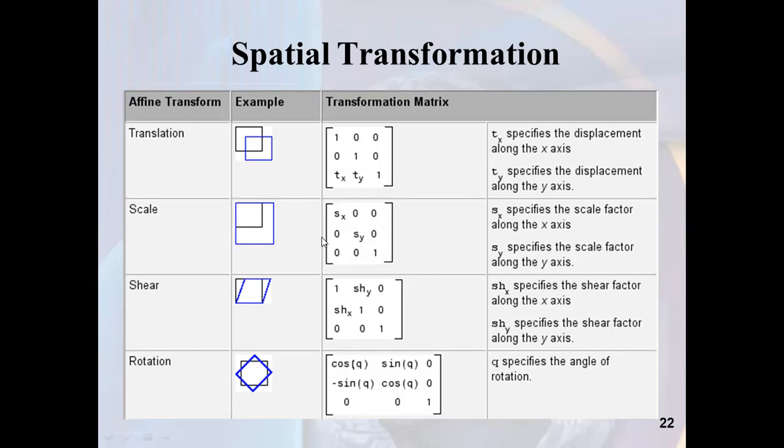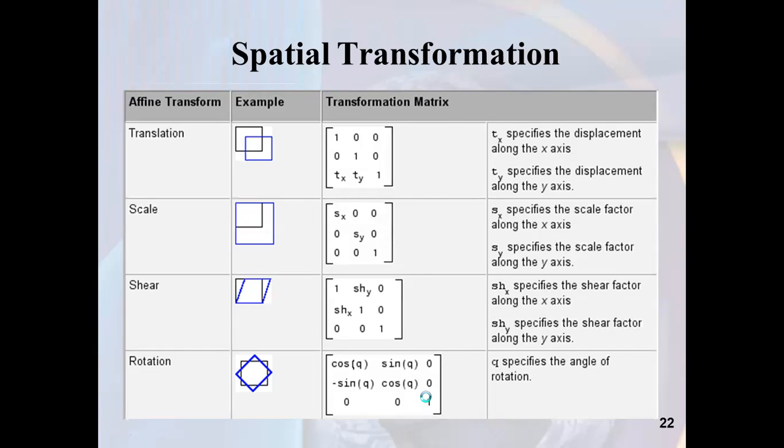In rotation, we can use the famous operator, very used to have rotation, made of cosine, sine, minus sine, cosine. In this case, we can have a rotation of angle theta, and 0 0 1 because we make the transformation in the plane, not in the space. So this is the transformation that we can use.